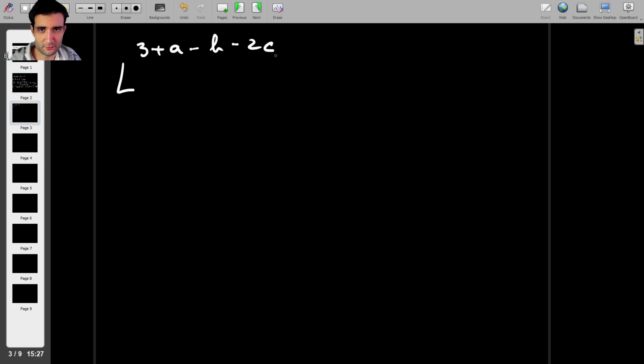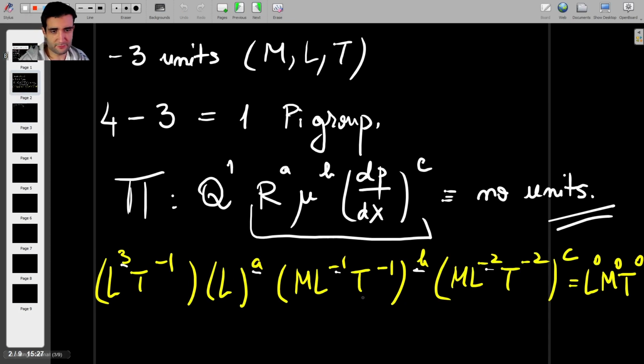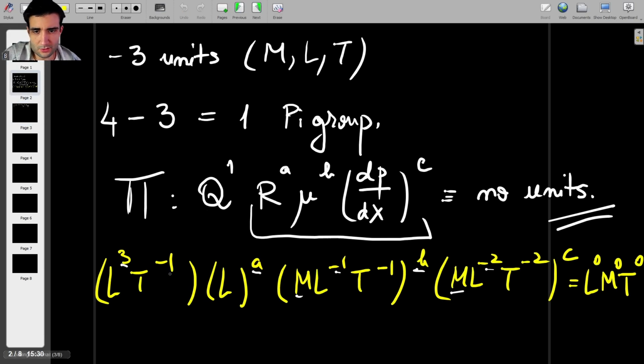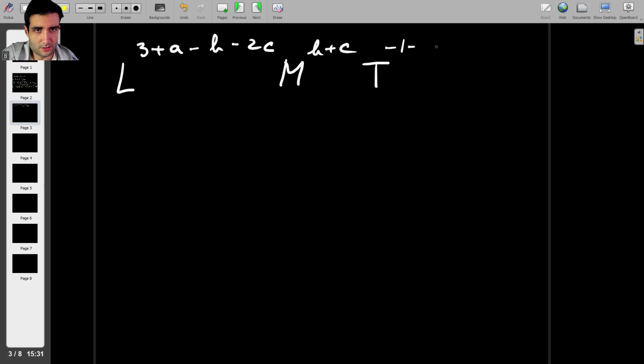There's going to be a bit of back and forth between the slides. And then we have M. So for M, we have B from here and then plus C from here, so we have just B plus C. And for time, we have T to the power of minus 1, minus B, and minus 2C, and that is equal to L to the 0, M to the 0, T to the 0.